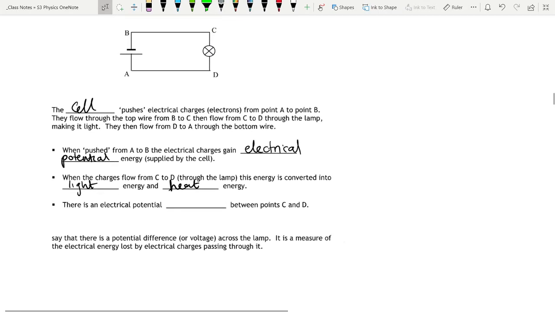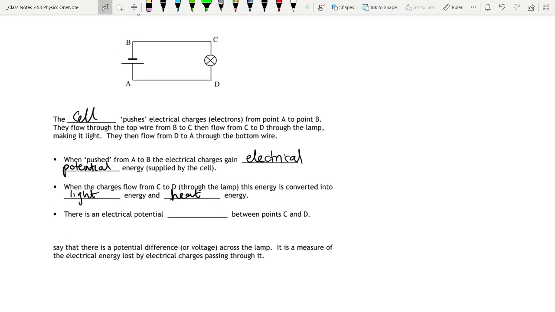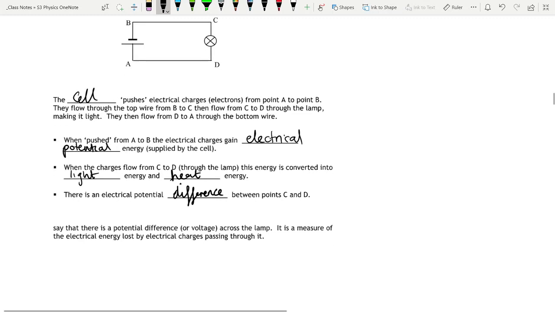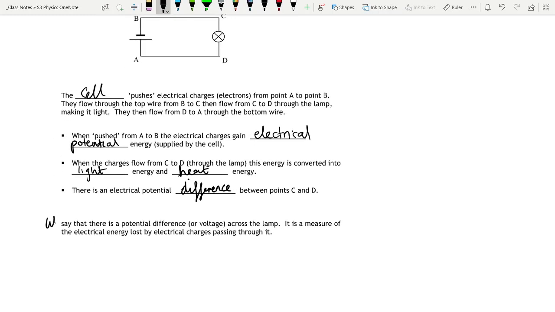So there is more electrical energy up here than there is here. So there's an electrical potential difference between points C and D. We say that there's a potential difference or voltage across the lamp. It's a measure of the electrical energy lost by electrical charges passing through it.